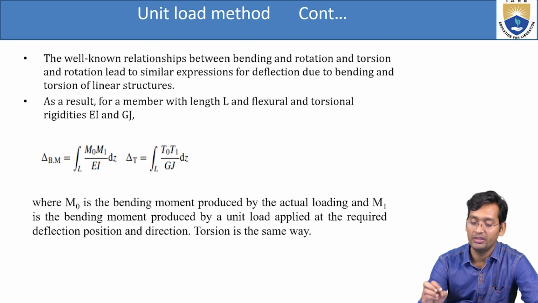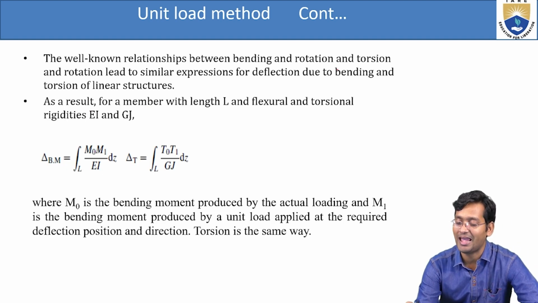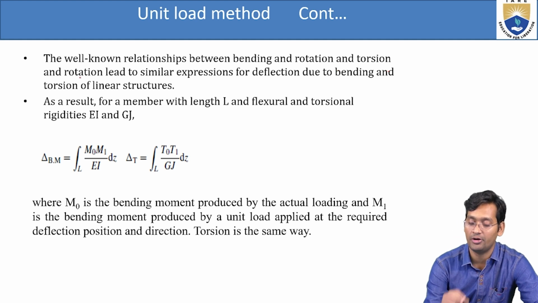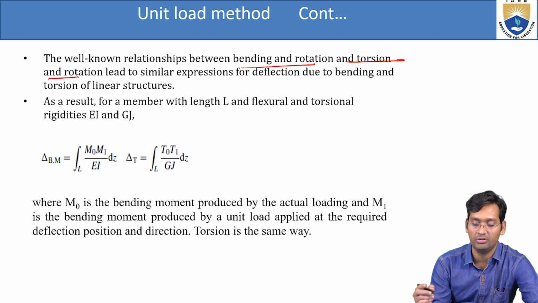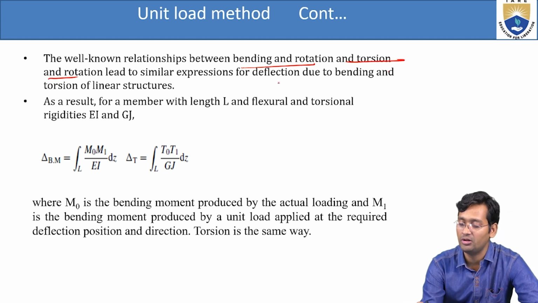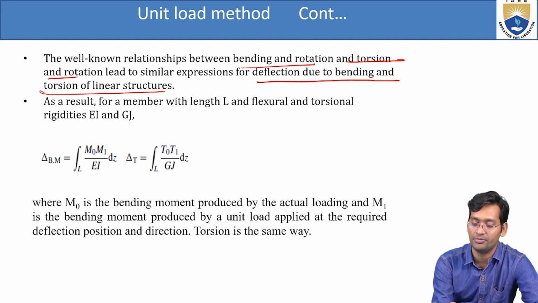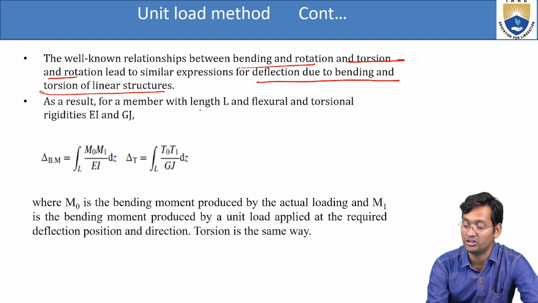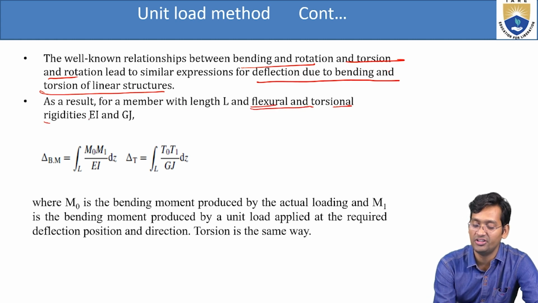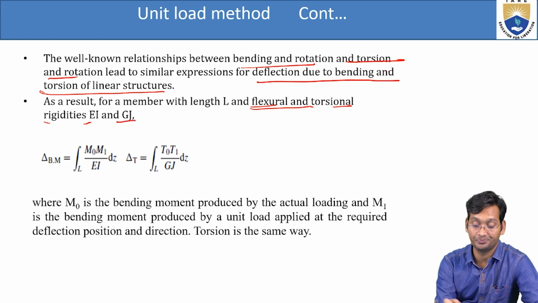Let's see here. The well-known relationships between bending and rotation, and torsion and rotation, lead to similar expressions for deflection due to bending and torsion of a linear structure. As a result, for a member with length L and flexural and torsional rigidity, flexural rigidity is EI and torsional rigidity is GJ.